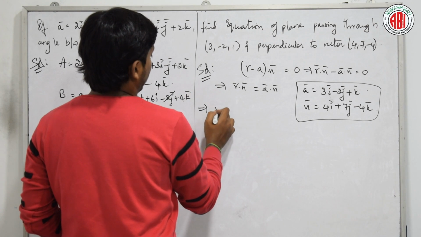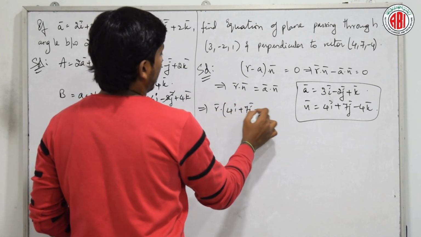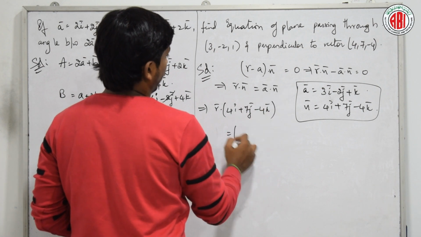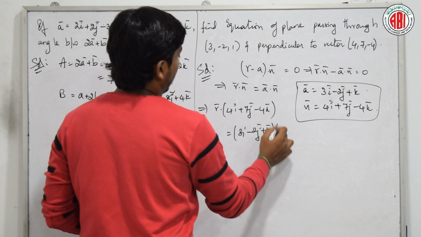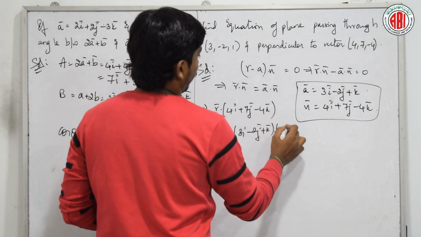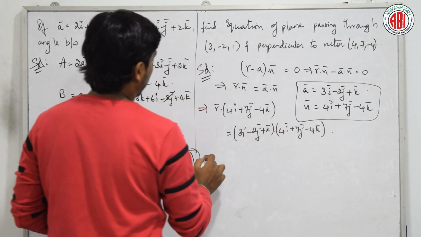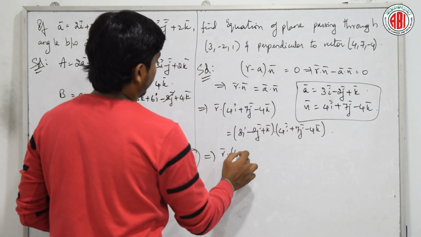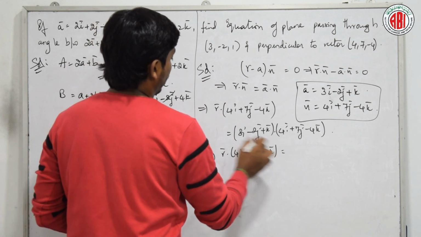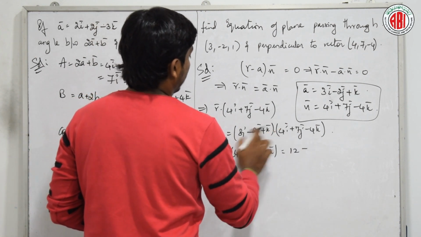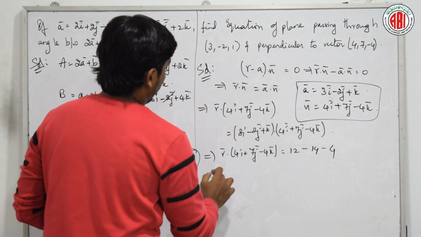R dot n, that is r dot 4i plus 7j minus 4k is equal to 3i minus 2j plus k dot 4i plus 7j minus 4k. Clear? Let us put it like this: 3 4s are 12, 7 2s are 14 and 4. What is this?